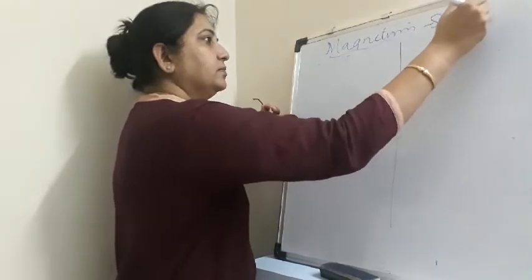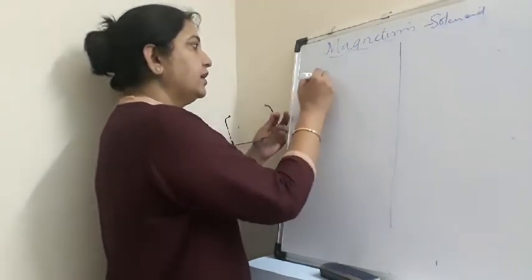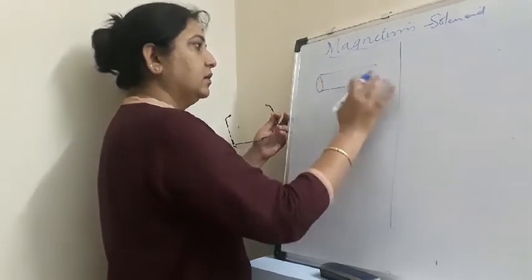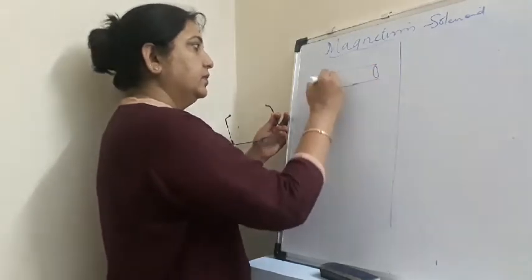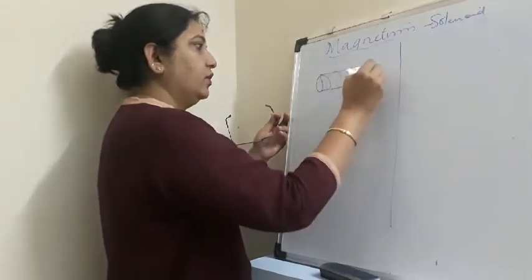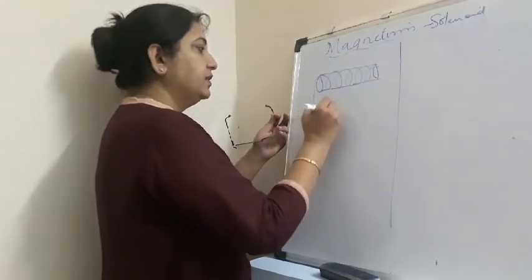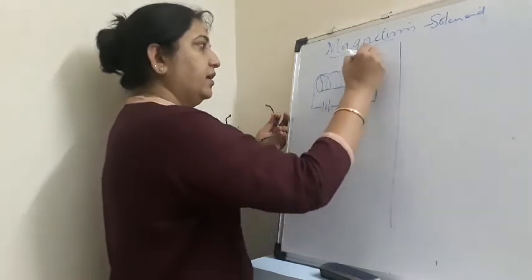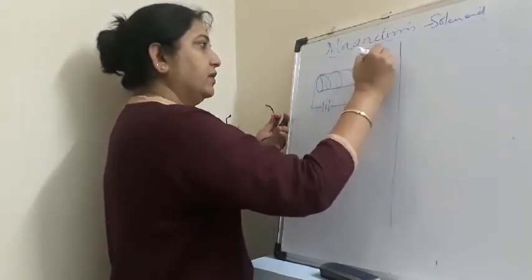Using a solenoid, let us take a soft iron here. This is a solenoid. We complete the connections like this, and here I write soft iron.